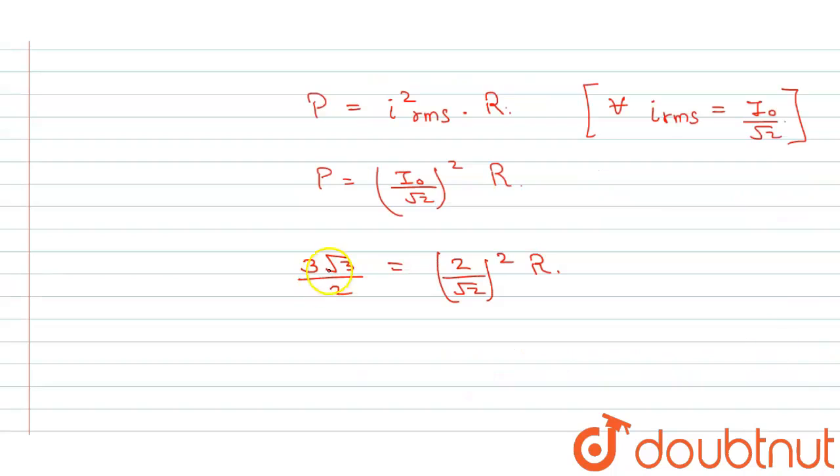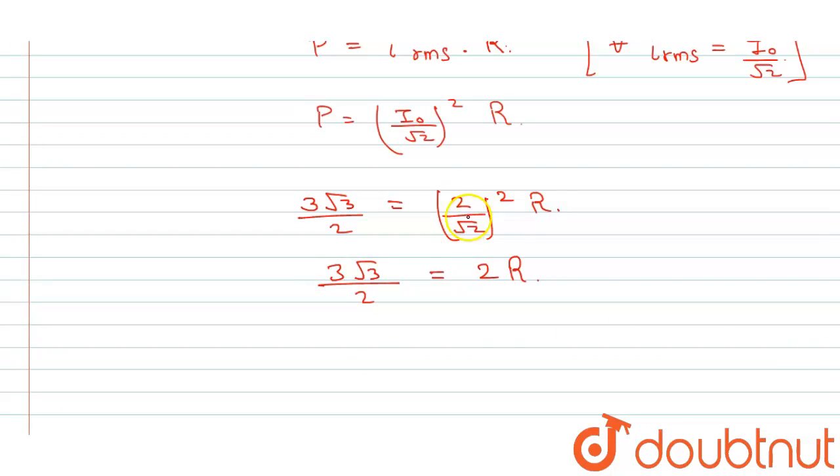Simplifying this equation, we get 3 root 3 by 2 is equal to, here 2 by root 2 squared, the root 2 is cancelled by root 2, so we can write 2 by 2... the square of root 2 is 2.